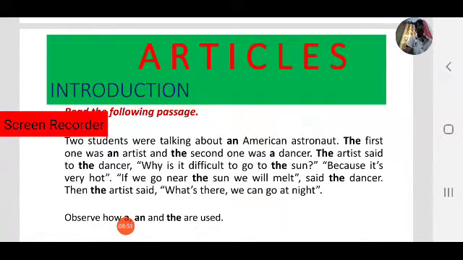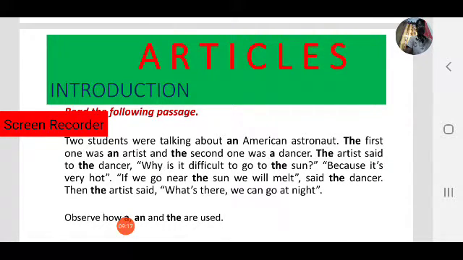And observe another article. An artist, a dancer. Observe, why should we use an artist and why should we use a dancer? An and a are indefinite articles, not particular. An artist begins with a vowel sound, that's why we use an.